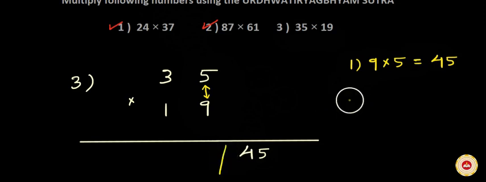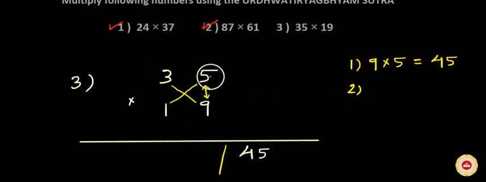Now, step number 2. Include the second column from the right side. Now, there are two columns. So let us multiply the digits in these two columns crosswise. Crosswise. 9 multiplied by 3 and 1 multiplied by 5.